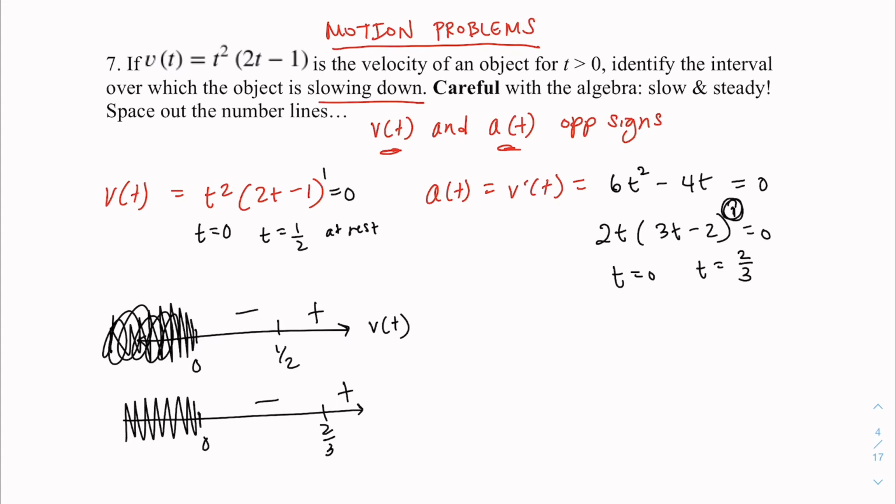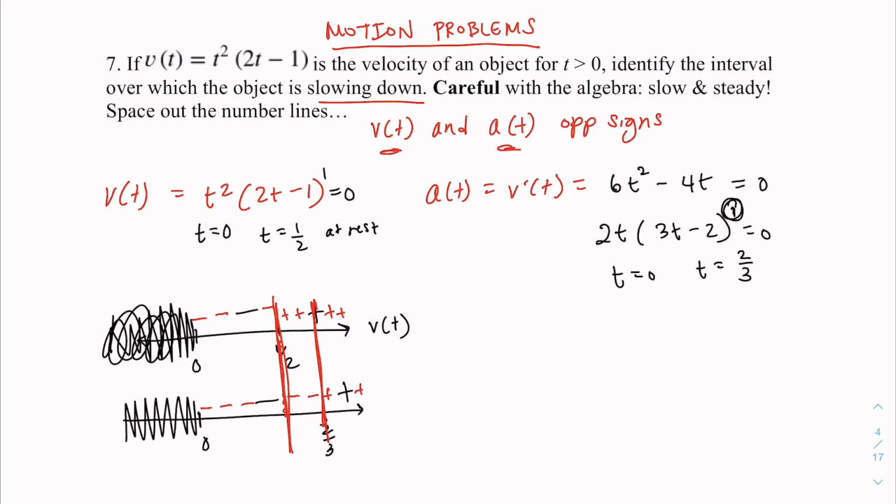And now I need to see where v and a have opposite signs. So I'm going to connect these little number lines. Actually, first let's extend our negatives and our positives. Okay, and I want to know where these guys have opposite signs, so we're connecting our number lines briefly. Great.